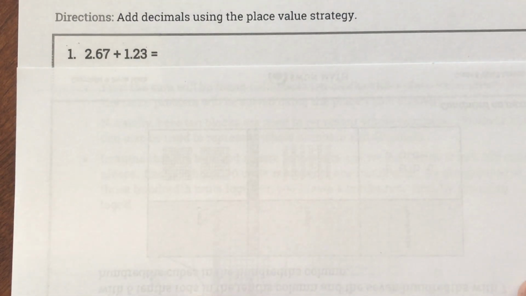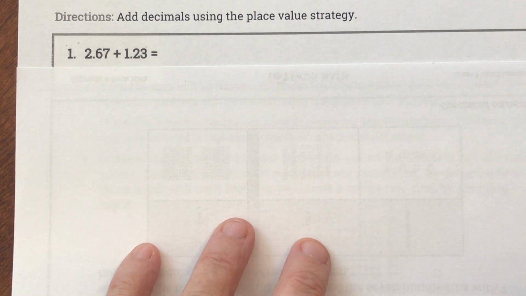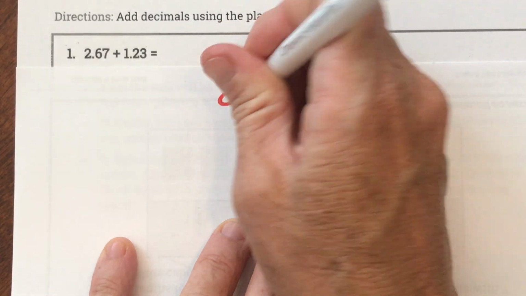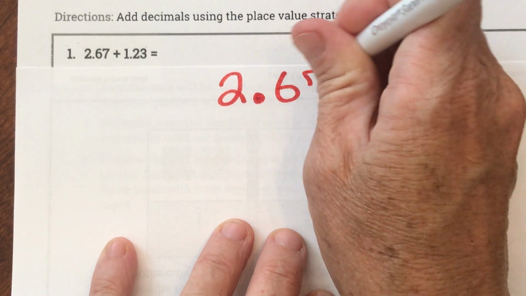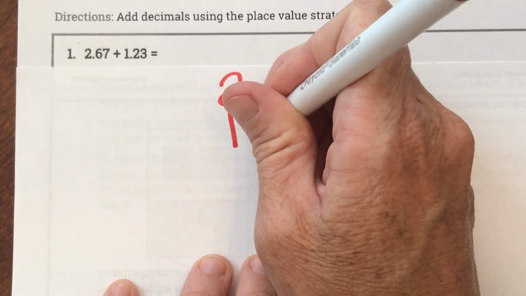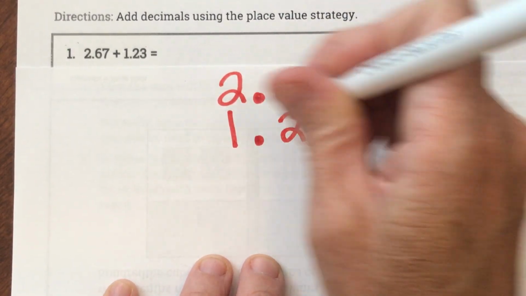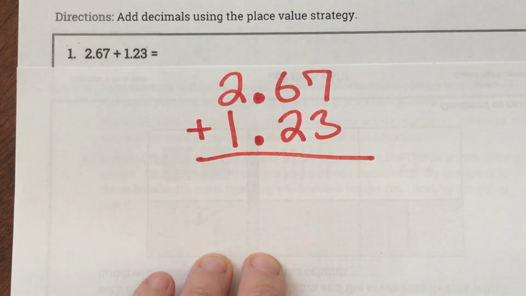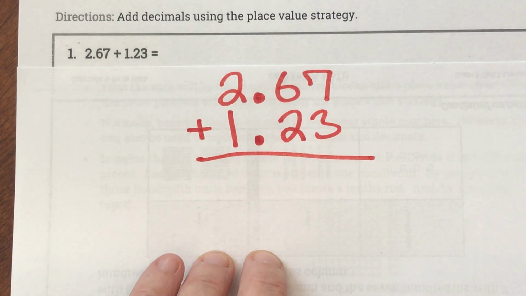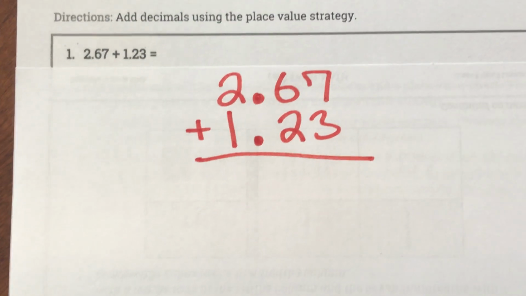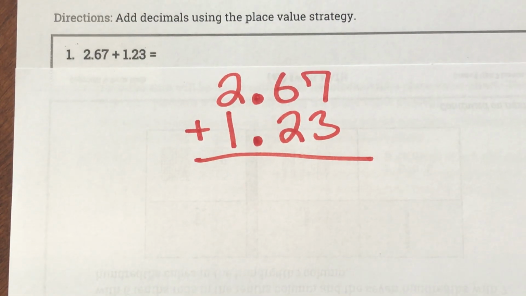My second step says set up your problem vertically, lining up the decimals. So 2 67/100 plus 1 23/100. Ladies and gentlemen, it is so important when you are doing this that your work is lined up very neatly.